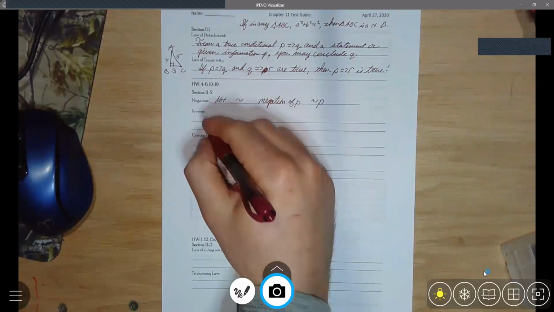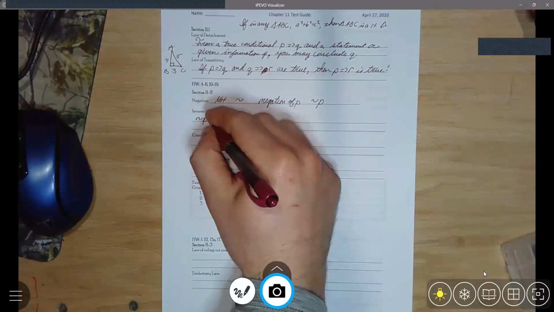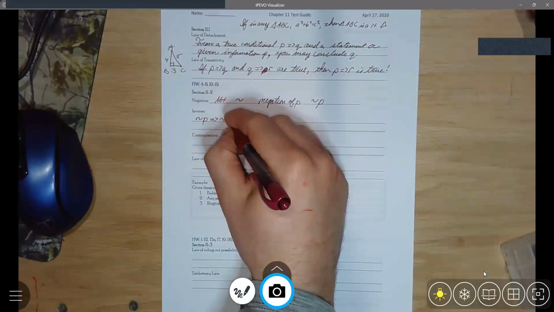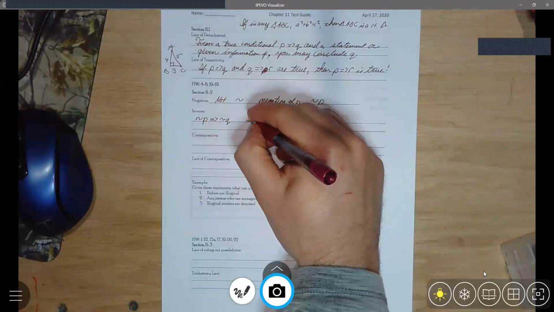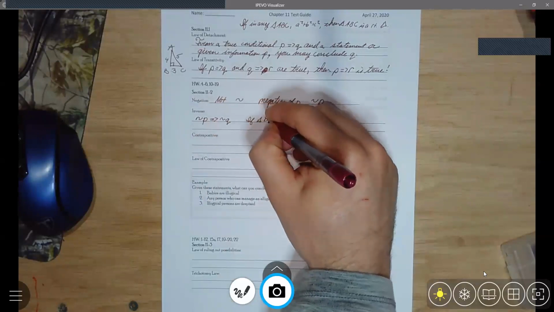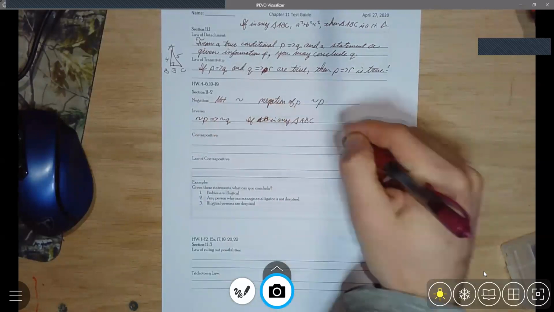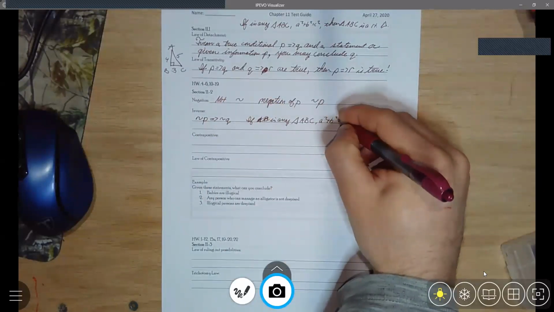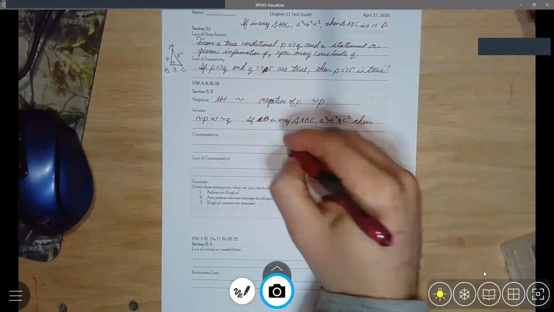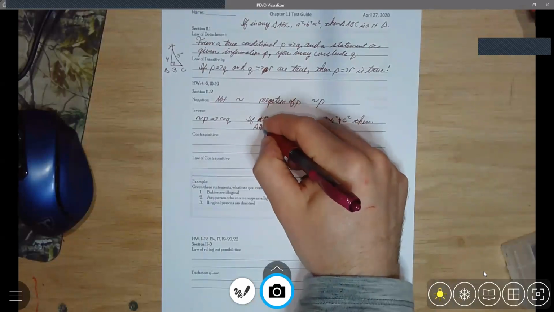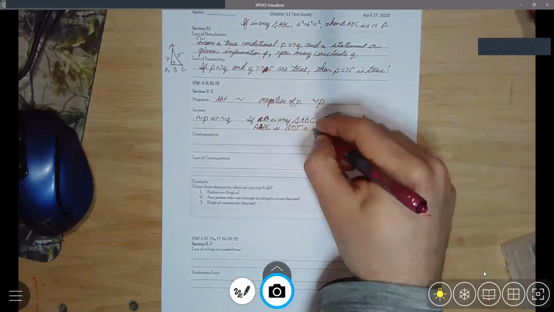All right, inverse is not P implies not Q. So if we were doing the inverse of the Pythagorean theorem, we would say if in any triangle ABC, a squared plus b squared is not c squared, so there's a negation of P, then triangle ABC is not a right triangle.